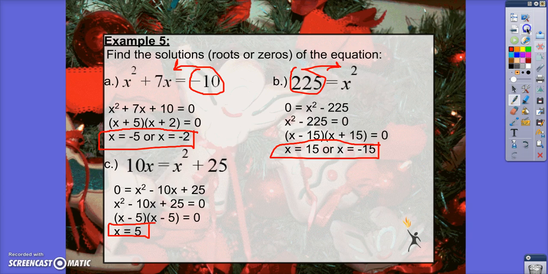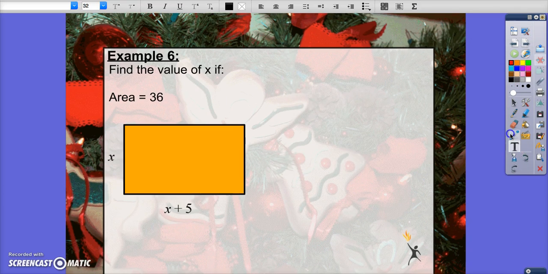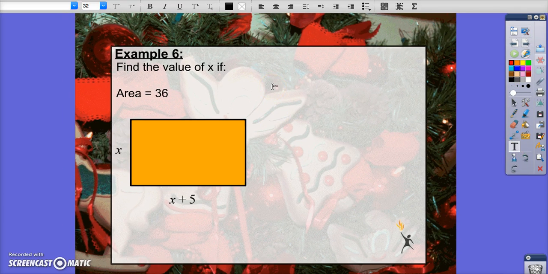All right, so for one last example here. We're doing area. Find the value of x if area equals 36, and x is one side, and x plus 5 is the other side. So length times width equals area.